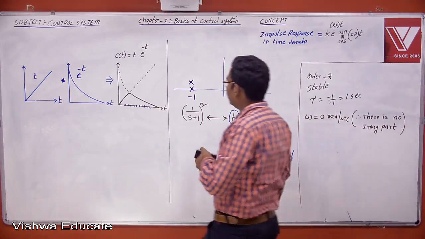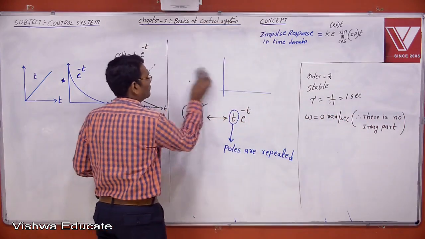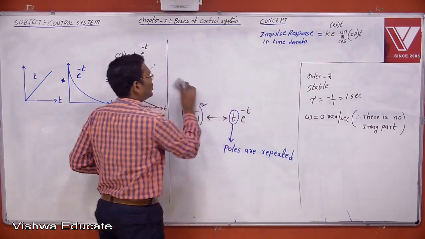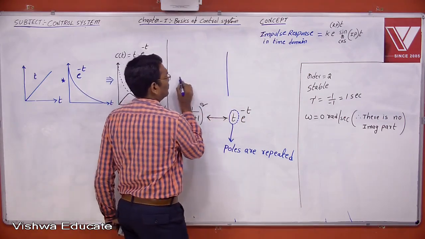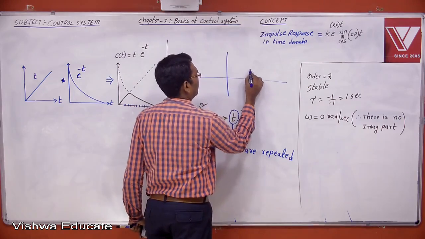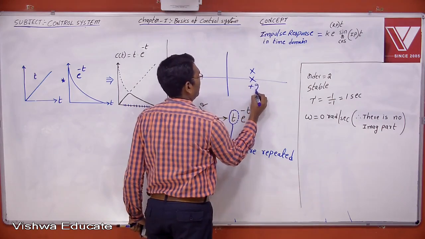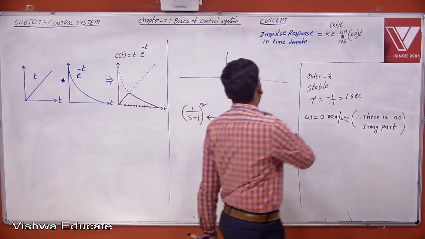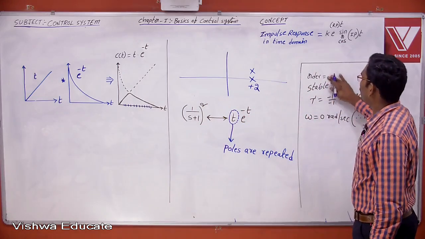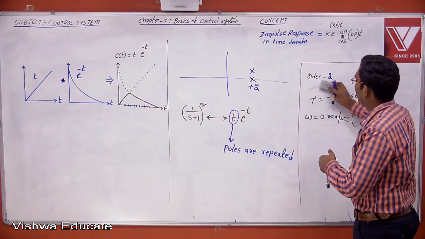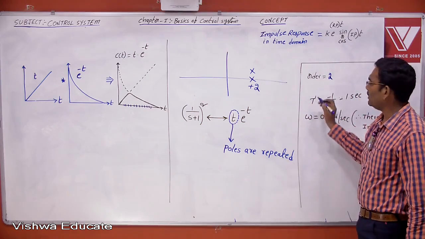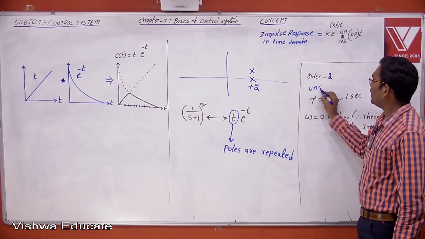Now see here. Now the same question. Now I am giving this pole's location on the right hand side of the S-plane. Then what is the answer? Then two closed loop poles, therefore no doubt order equal to 2. But the pole lies on the right hand side, so the system is unstable.